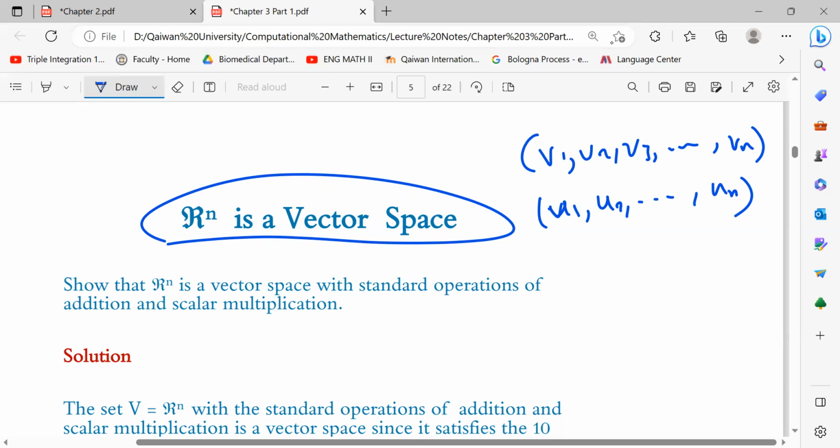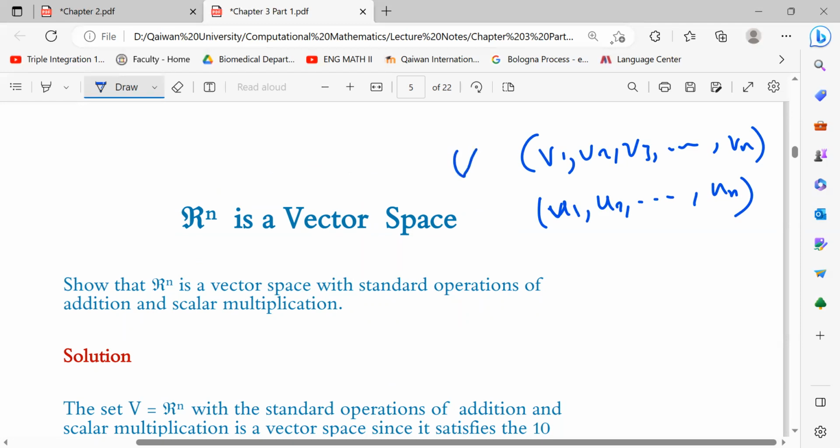Let's take these two vectors. This is V, and this is U. These two vectors must satisfy the conditions. And also let's take W to be W1, W2, up to Wn. We say, if we pick any two vectors, the sum of them must be in the space.